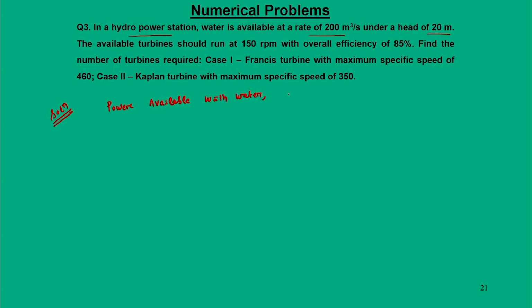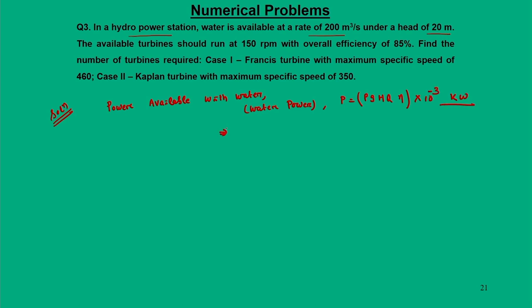So, it is water power. So, that is P is equal to rho G H Q into efficiency multiplied by 10 to the power minus 3, which is kilowatt.